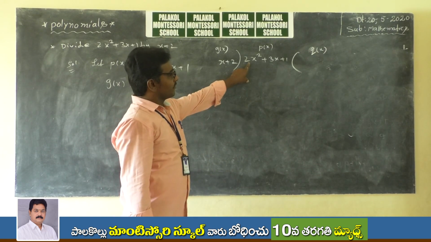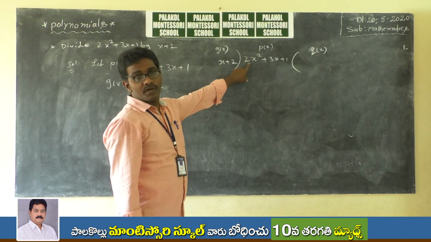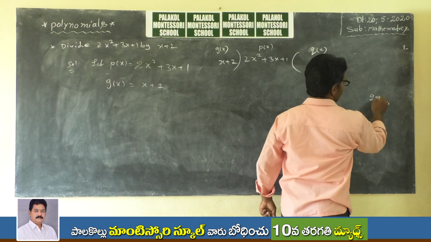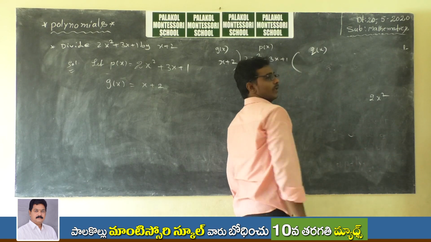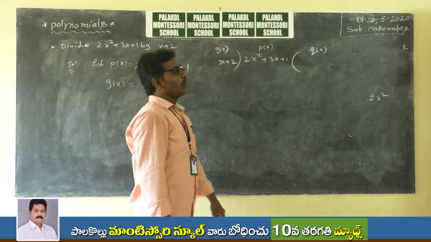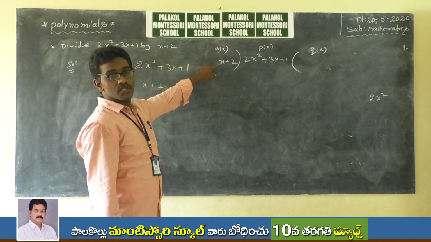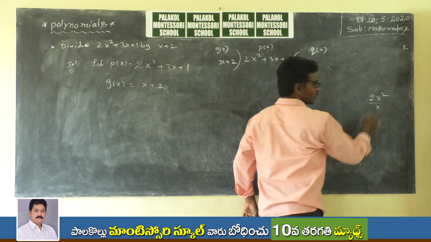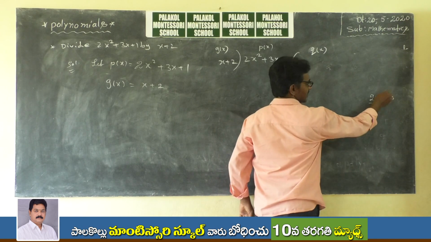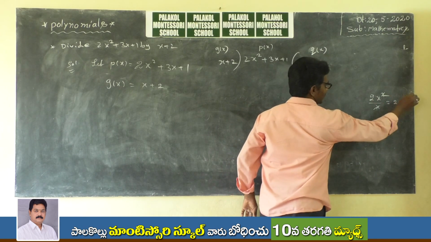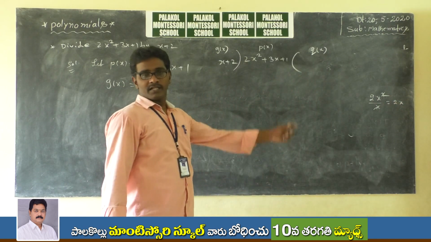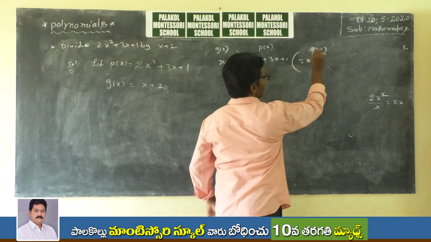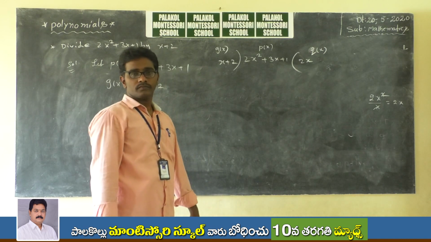So what is the first term of p of x? 2x square. You write that in rough. What is the first term in g of x? x. So how many times does x go into 2x square? 2x. That's the remaining 2x, write in q of x, that is 2x.